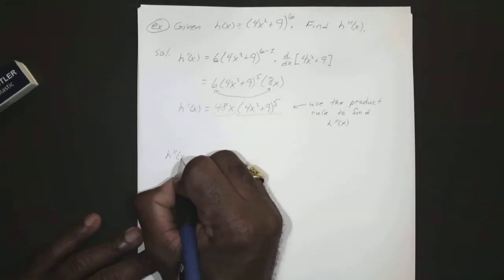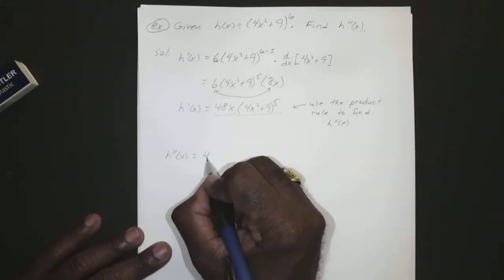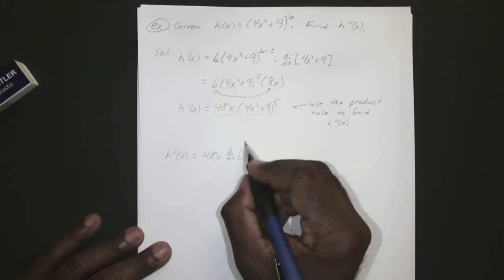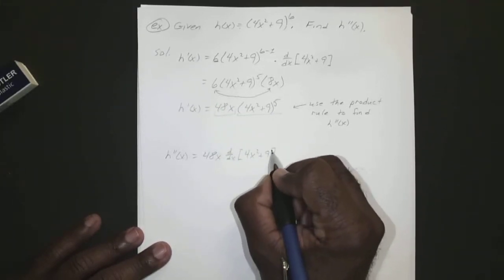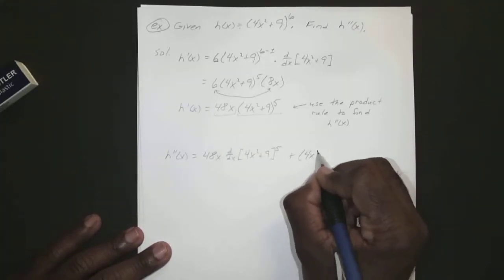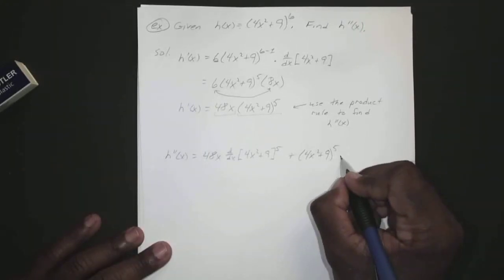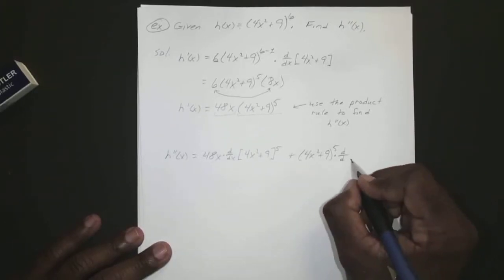So our product rule, you have the first times the derivative of the second plus the second times the derivative of the first. Put a little multiplication there.